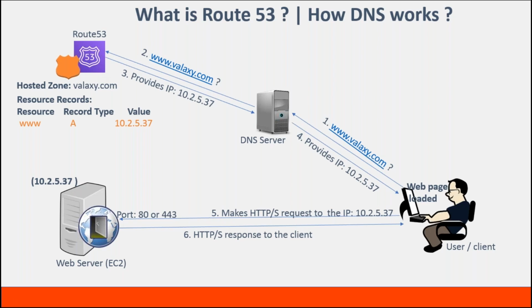So just to give the differentiation here, the DNS server which is managed internally or locally is called a local DNS server or forwarder DNS server or caching DNS server.